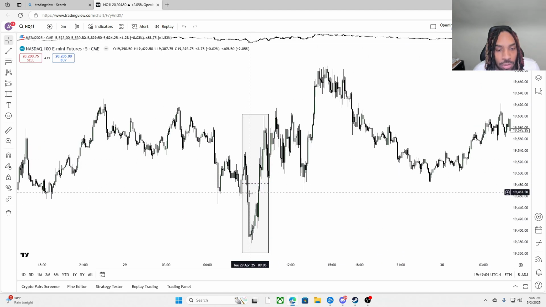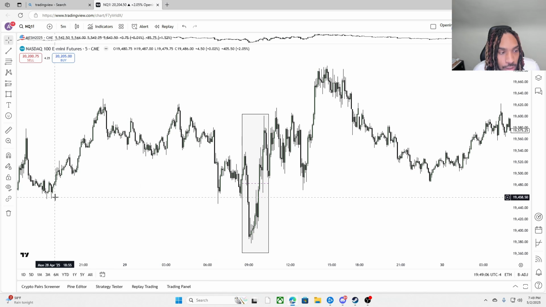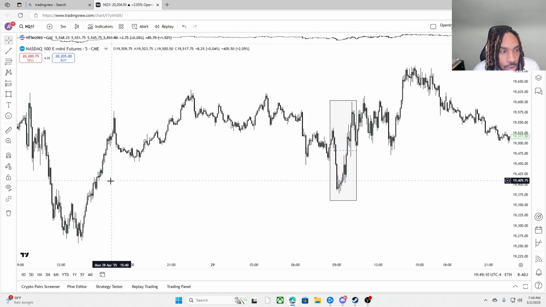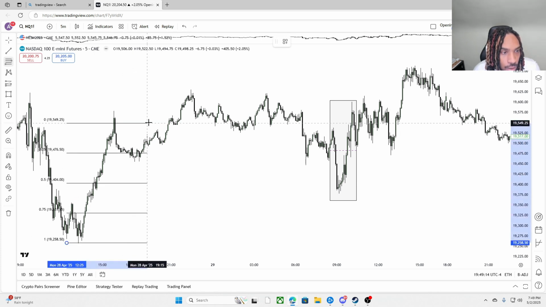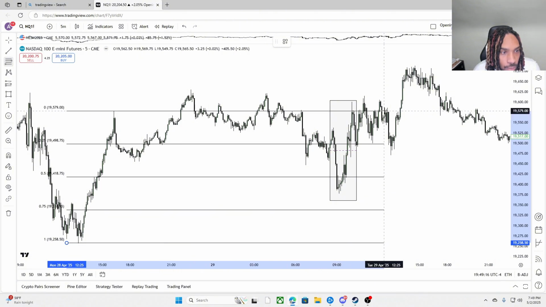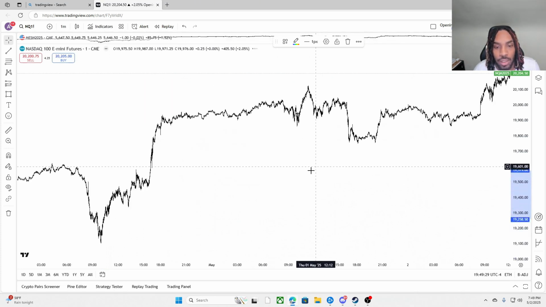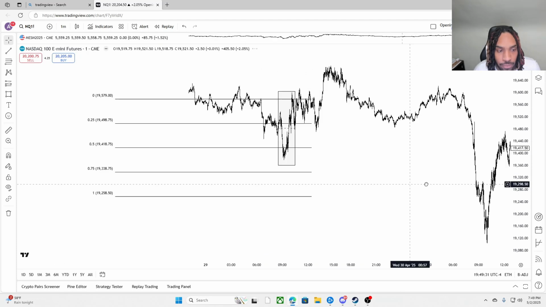So we ran down, we took out sell side, and then we ran down into equilibrium or a discount of this range. If you measure the range from high to low, we ran down into a discount below 50% inside of this fair value gap, and we got some expansion. So that's your narrative on the higher time frame, like a 5-15 minute chart.